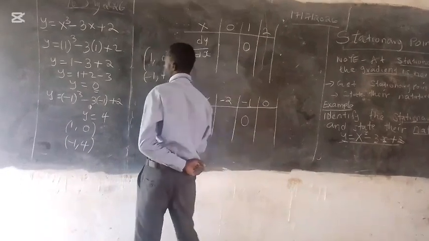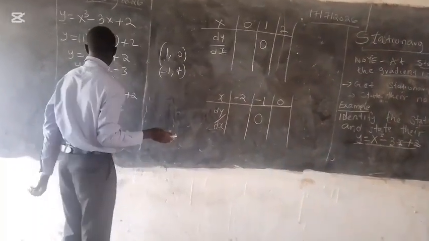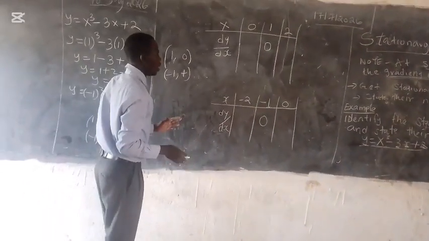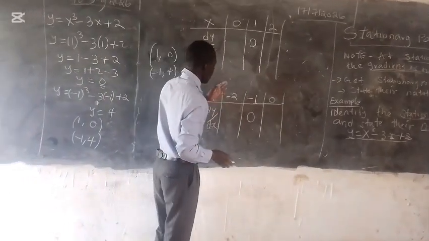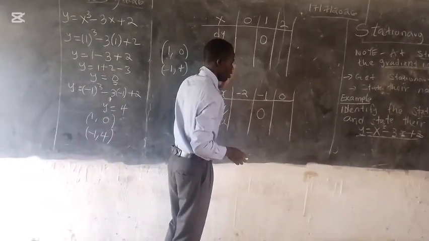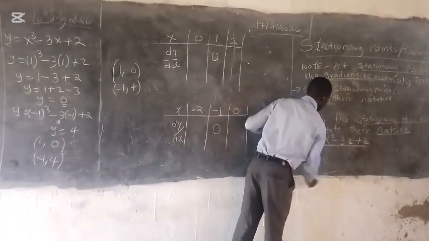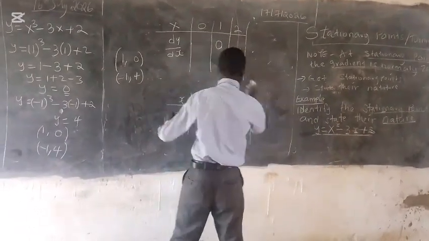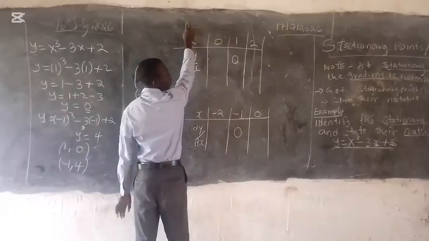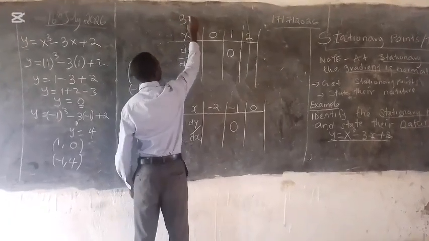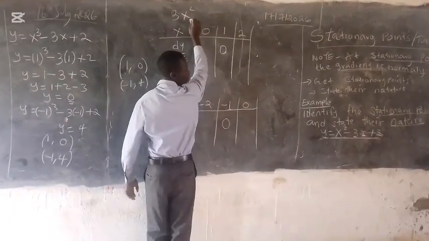Now, after getting that, students, we go back to our gradient function. So our gradient function was 3x squared minus 3.